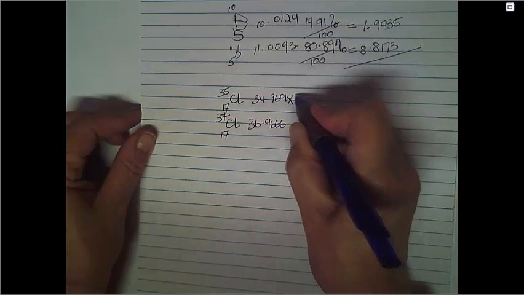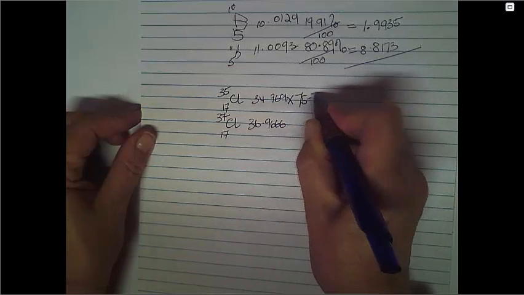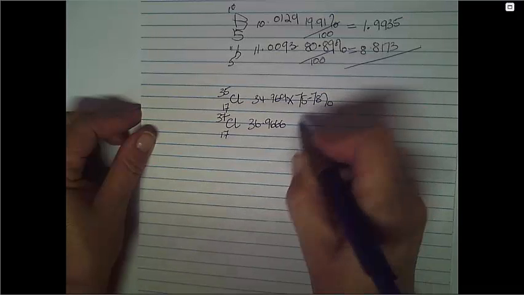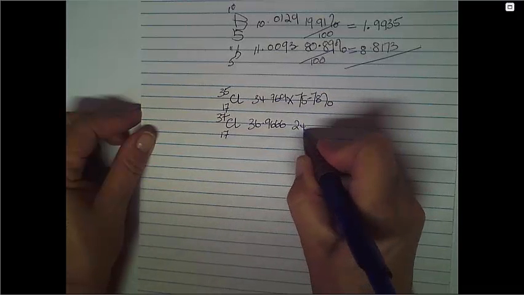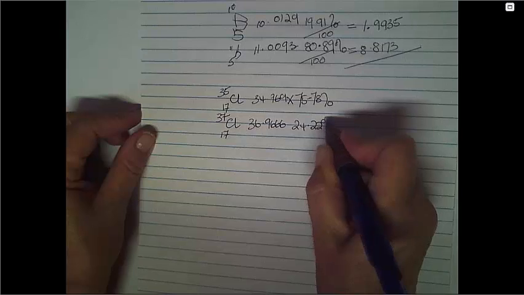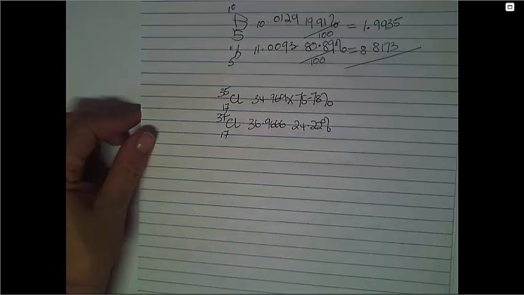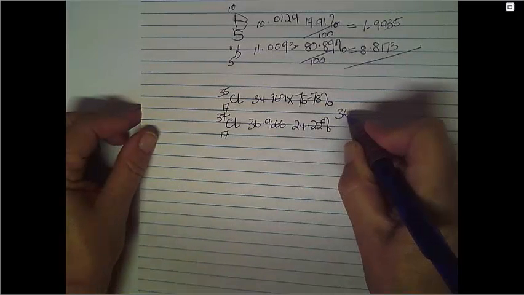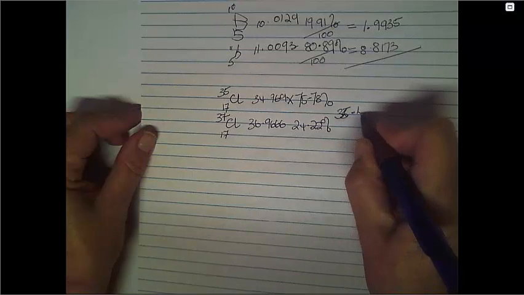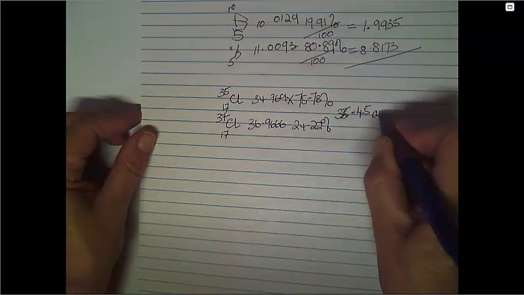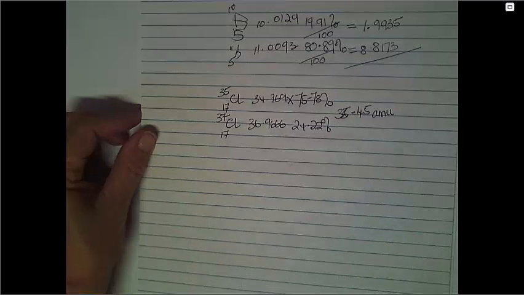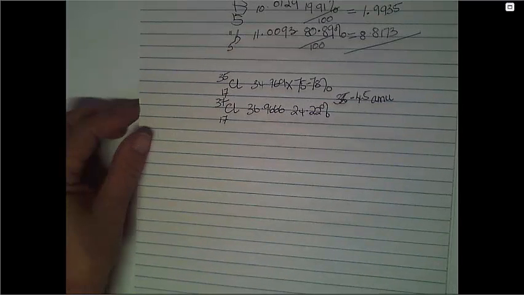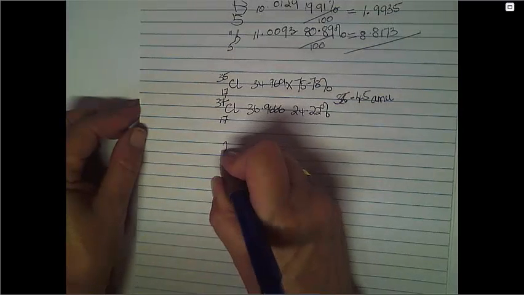Percentage abundances are 75.78% and 24.22%. Once again, multiplying out as shown, which you must do yourselves, should give you the value of 35.45 atomic mass units.